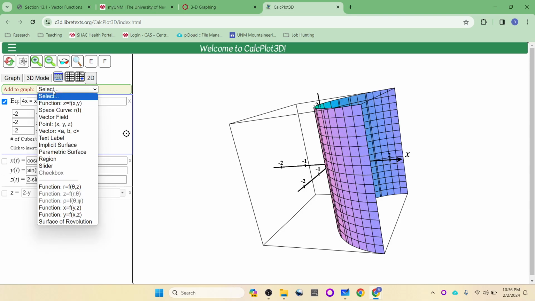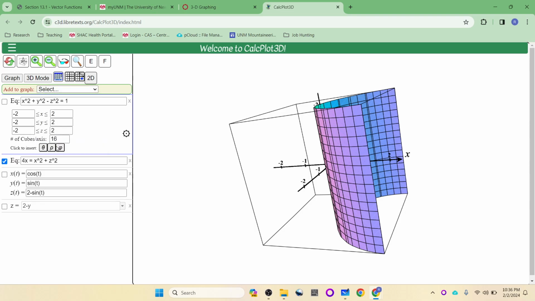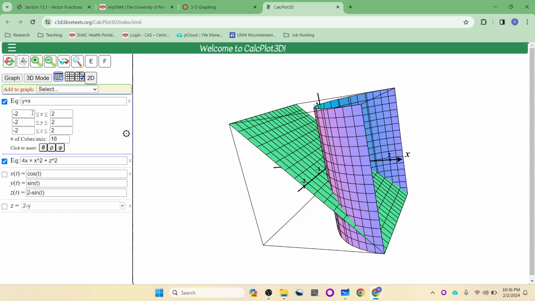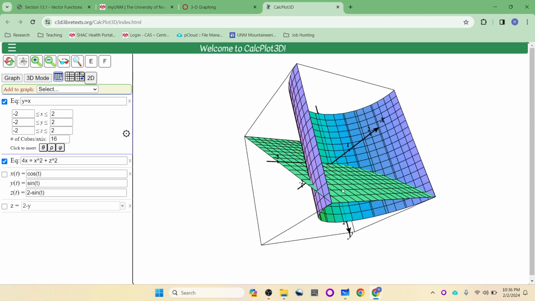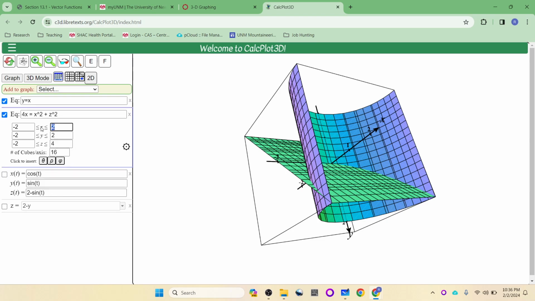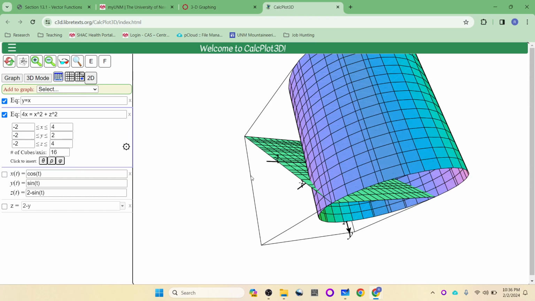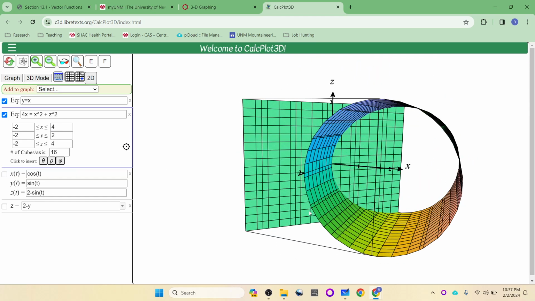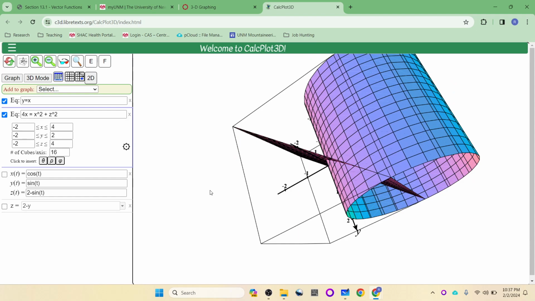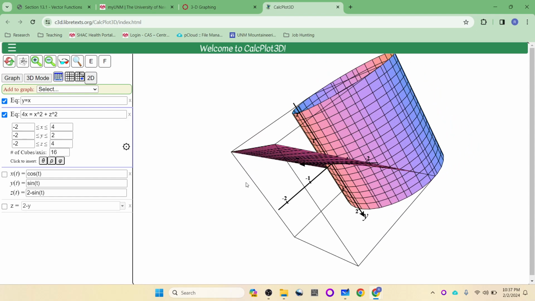So let's do another surface. Up here, y equals x. So we see it cuts through. Let's make x a little bigger so that we can fit the whole thing. Y needs to get bigger too, doesn't it?